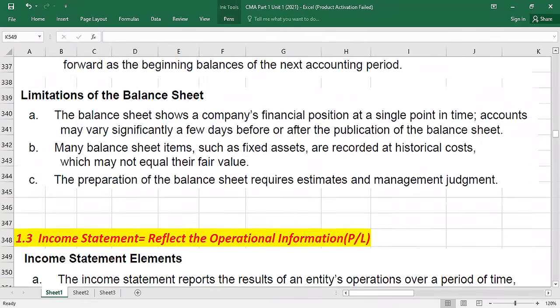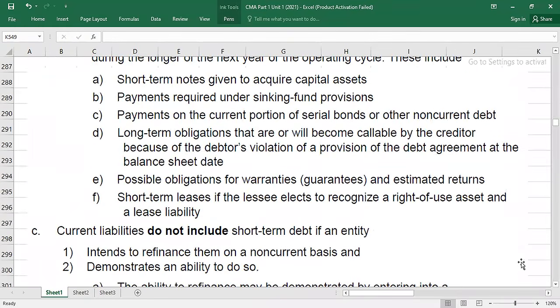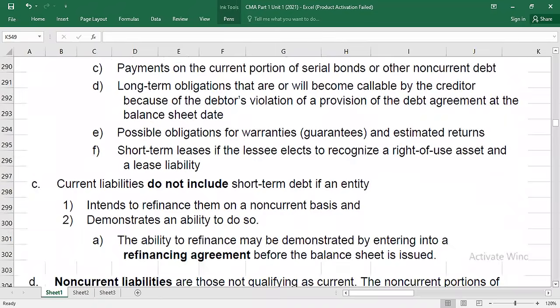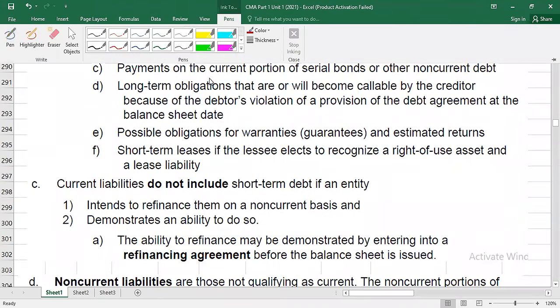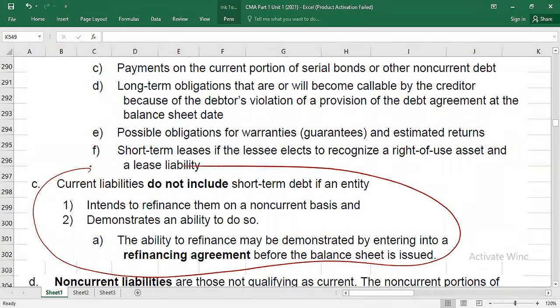This is important, and I feel you must be aware of it, because the same question could be tested. First, I would request you to read this highlighted point by yourself.